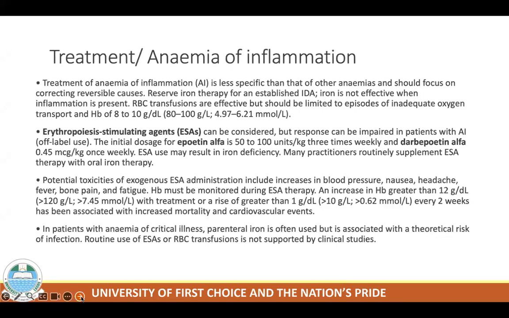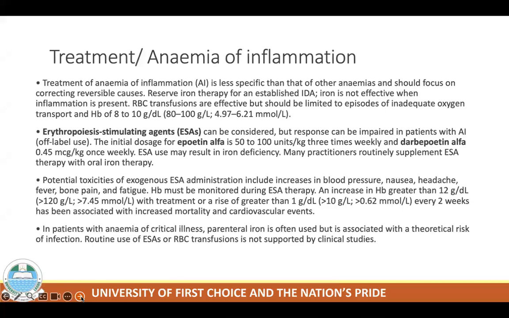Now, anemia of inflammation. We're not focused on what is causing the inflammation. We're just focused on the effect. The anemia of inflammation is less specific. We're focused on correcting reversible causes, but our role in management of anemia of inflammation is to ensure that the body has enough iron, and all the other substrates are not absent.